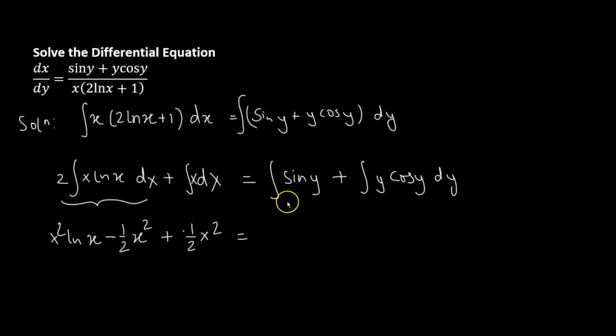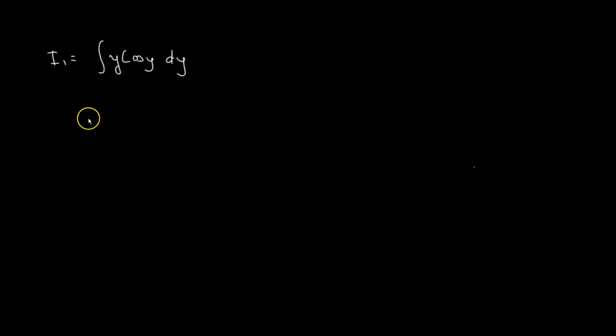Then we have the integration of sine y dy, which will equal negative cosine y plus the integration of this particular integral, which we'll have to perform by parts. So let's call it I1. We'll label it as equation number 1. Fine. Let's suppose that here we will consider y as the first function and cosine of y as the second function.